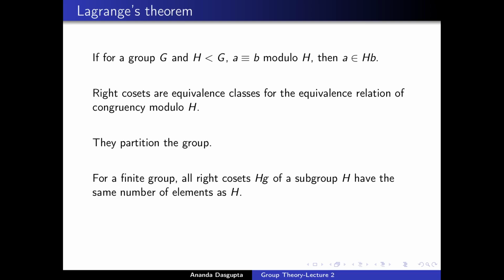Remember that groups allow cancellation. What that means is if any two of these elements, say HIG and HJG, were equal, then you could cancel out the G by hitting with G inverse on the right, and you would end up getting HI equals HJ.